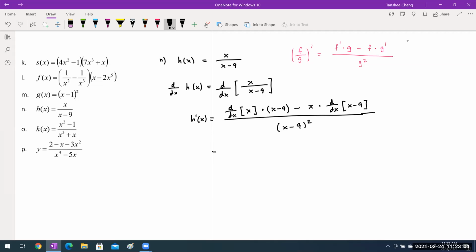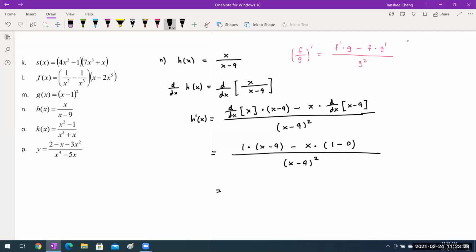Now when we simplify this, the derivative of x is 1, so it will be 1 times x minus 9, minus x times the derivative of x minus 9. The derivative of x, the first term, is 1, minus the derivative of the constant, which is 0. So it will be over x minus 9 quantity squared.